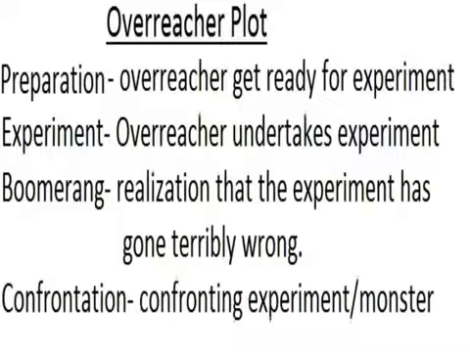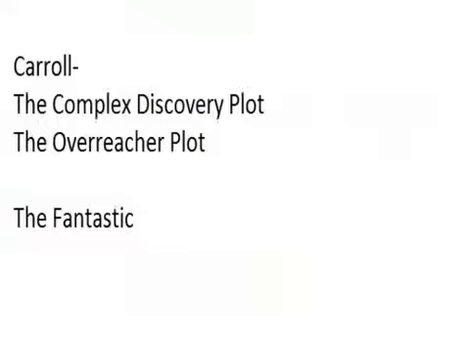And then, of course, the preparation, the overreacher gets ready for the experiment. The overreacher undertakes the experiment. Boomerang, the realization that the experiment has gone terribly wrong, and the confrontation is confronting the experiment or monster. This is sort of your mad scientist, your typical overreacher plot.